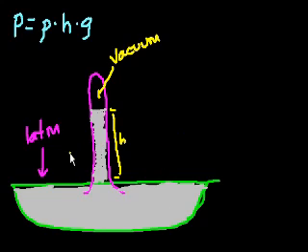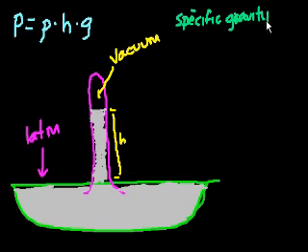Oh, and a couple of things we have to know before we do this problem. It's mercury, and we know that the specific gravity of mercury is 13.6. I'm using this terminology because in a lot of these problems, the hardest part is the terminology.